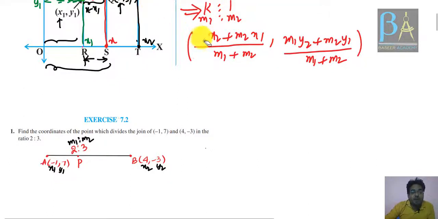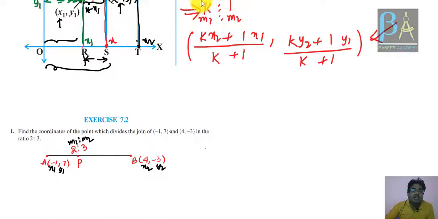Let me replace m1 with k, and m2 with 1. So that is also a section formula if the line segment is being divided in the ratio k is to 1.